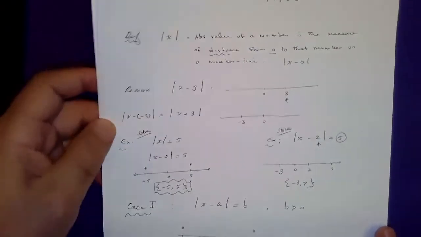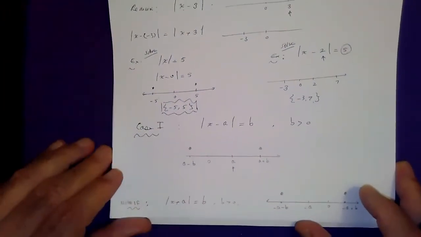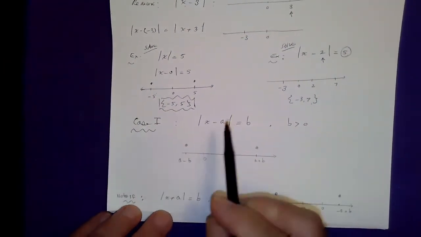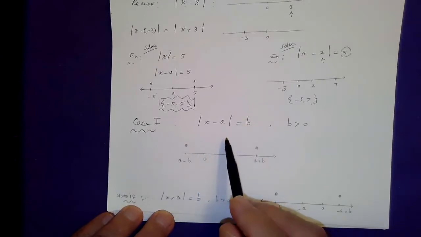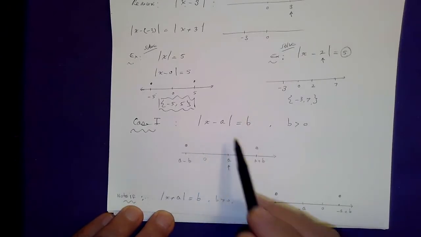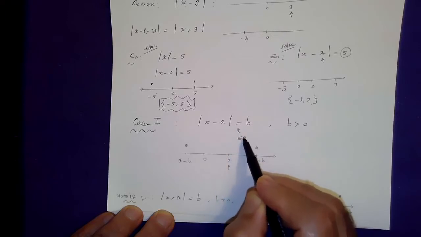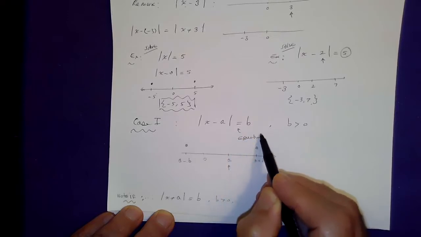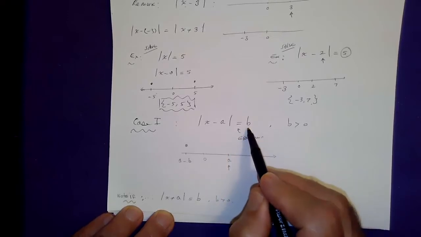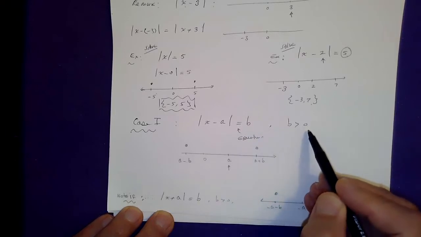So let's do a few cases. There are 3 cases. Case 1 is, what if you have an equation as opposed to an inequality? So you see an equation, and the number on the right side is a positive number.